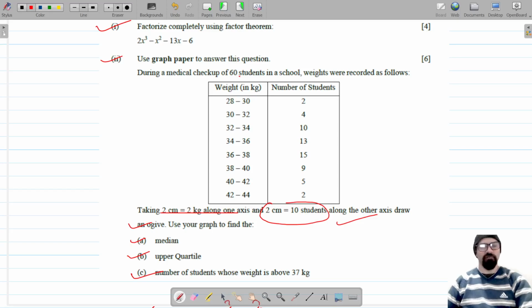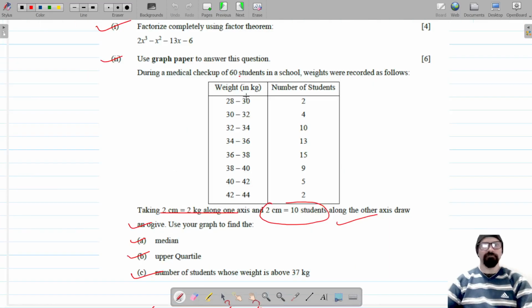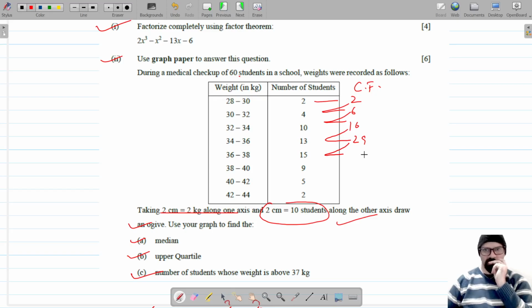we first need to calculate the cumulative frequencies. So I'm going to write down here the cumulative frequency to save time. This is 2. 2 plus 4 is 6. 6 plus 10 is 16. 16 plus 13 is 29. 29 and 15 is 44. 44 plus 9 is 53.